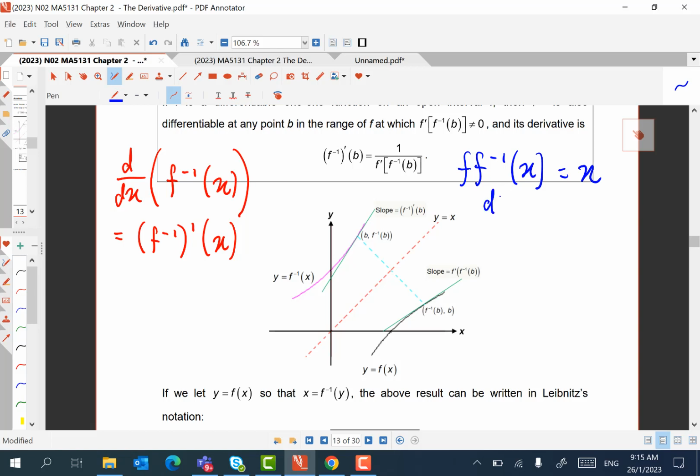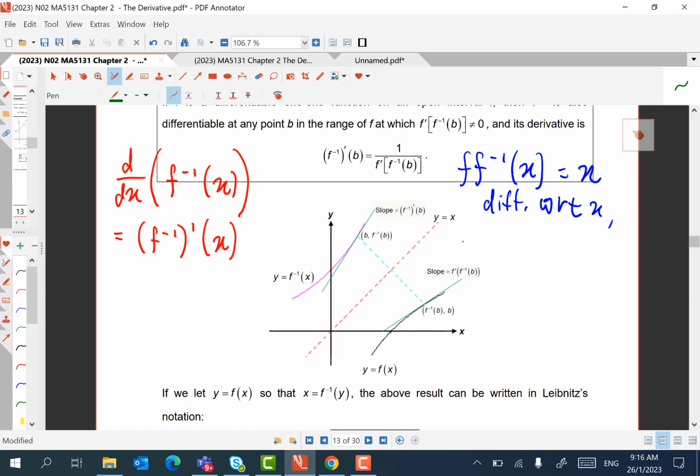Now you differentiate both sides. On the left hand side, Steven, what is the left hand side? If you differentiate the left hand side, what do you get? Differentiate this portion.